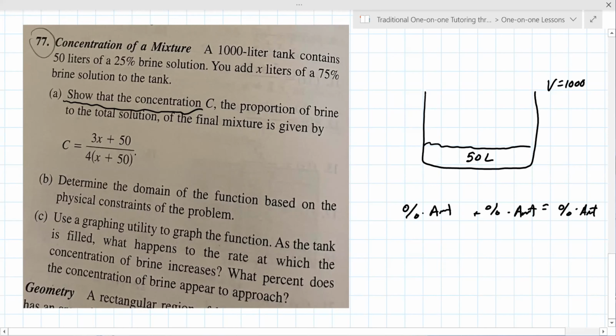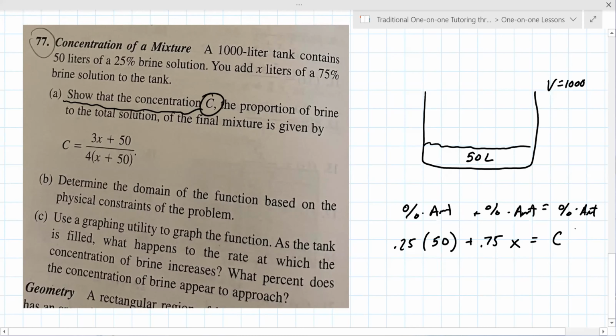Okay, and we know that it contains 25%, so we'll say 0.25 times 50 liters plus you're adding in 0.75 times X, and the concentration C, that's what that means right there.